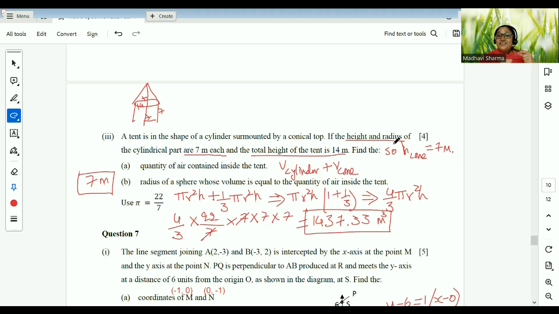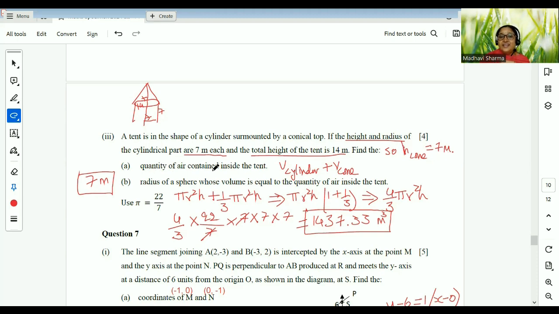If the height and radius of the cylindrical part are 7 meters each, so height is also 7 and radius is also 7. And the total height of the tent is 14 meters. So the height of the cone is also 7. So it's 7, 7, 7.